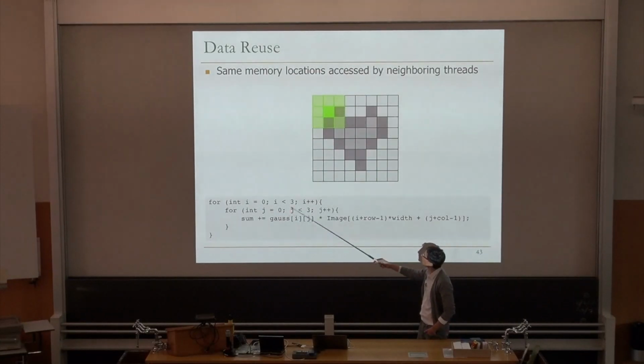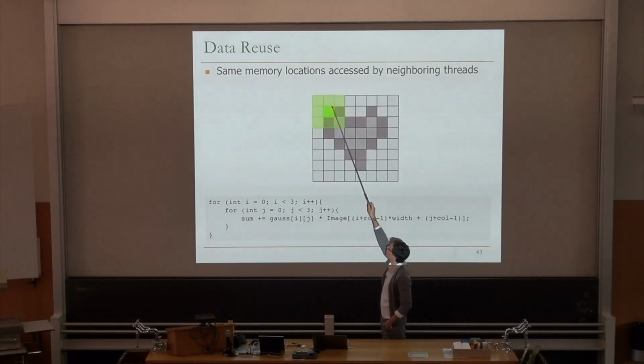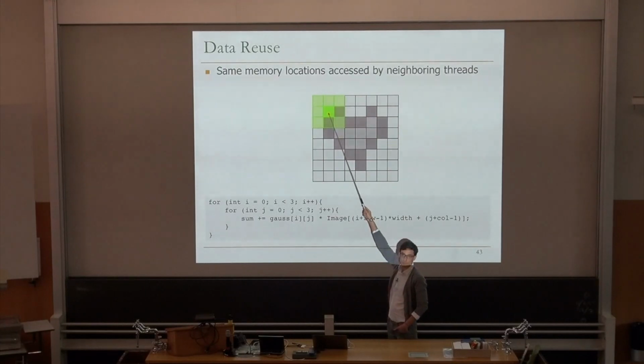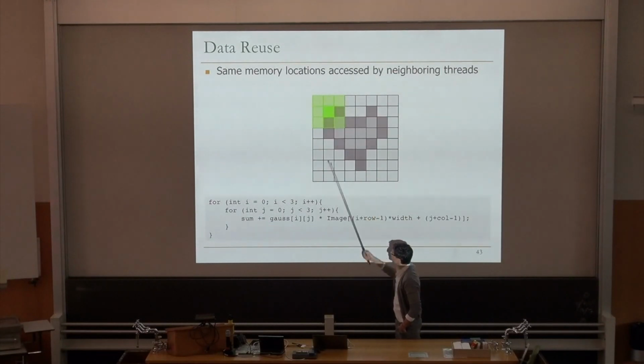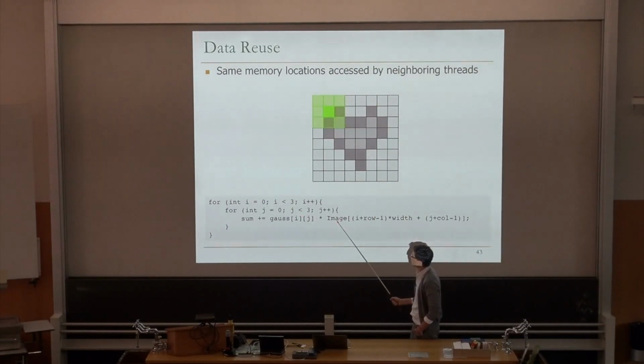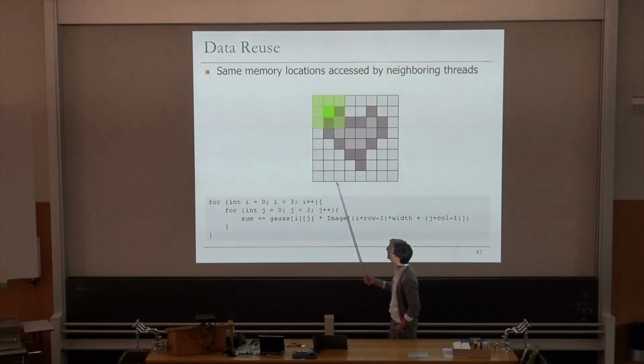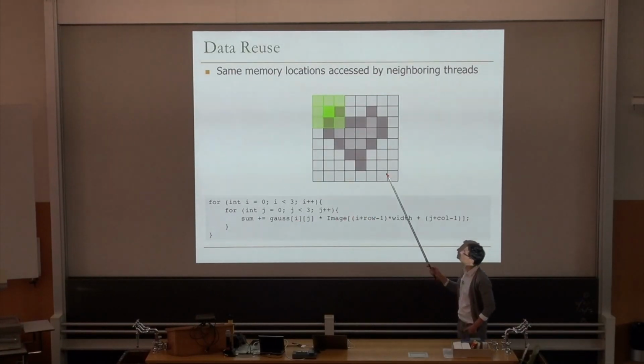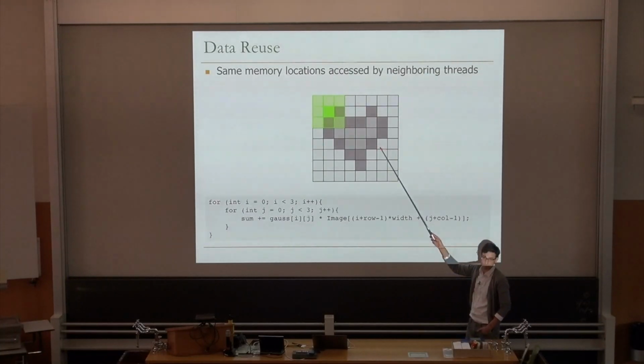And the way that we apply the mask is we put it on top of the pixel that we want to operate on, and we do this multiplication between the element of the mask and the pixel that is behind it, right?